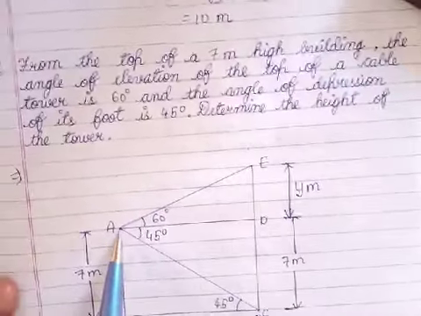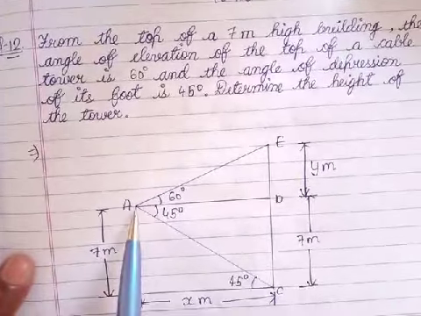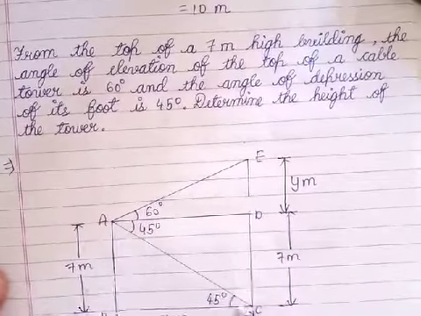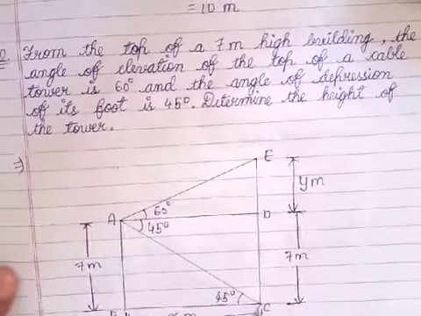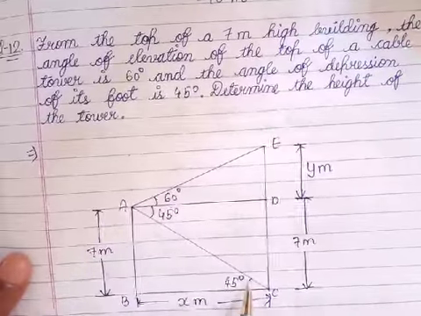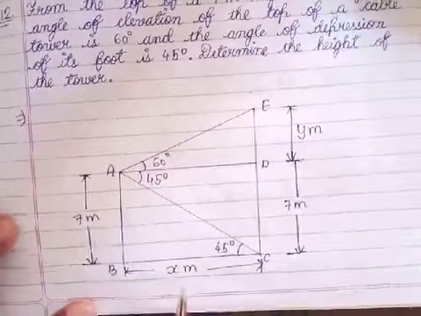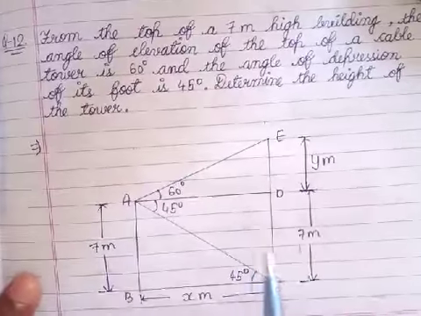From here it is the angle of depression, so it will be noted up here. So it is 45 degrees, and from here it is seeing C, the foot of the tower, at 45 degrees. So here also there will be an alternate angle, so it is 45 degrees. Determine the height of the tower.